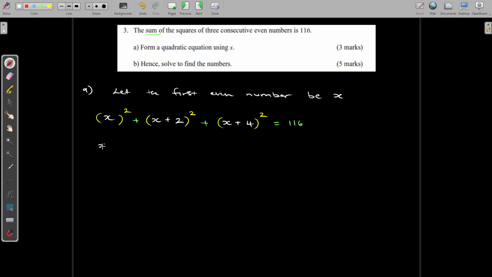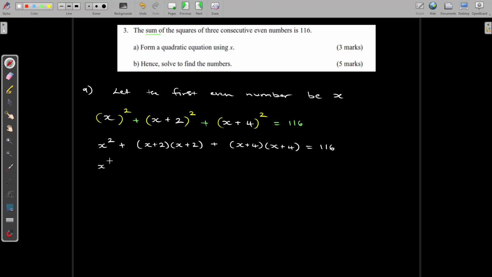So this would be x squared plus, now when we expand, x plus 2 all squared, that's the same thing as x plus 2 times x plus 2, and you'd be expected to use the FOIL method to do this. Similarly over here, that's x plus 4 times x plus 4, and that's equal to 116.